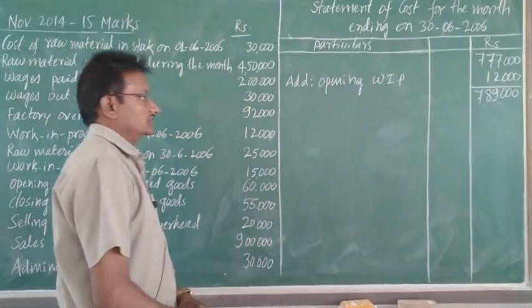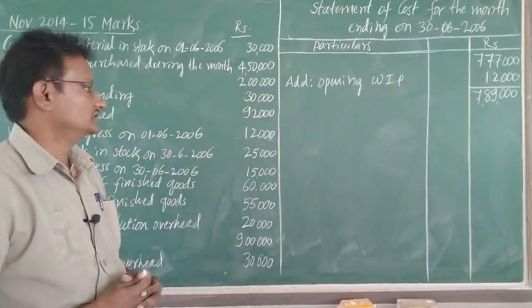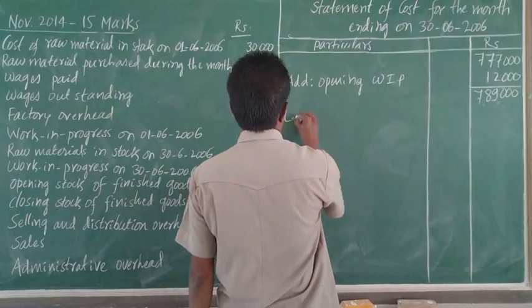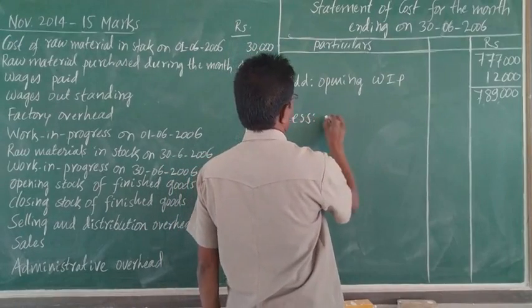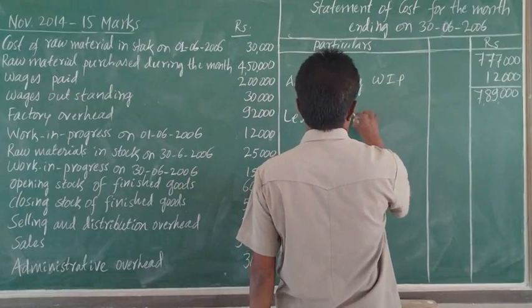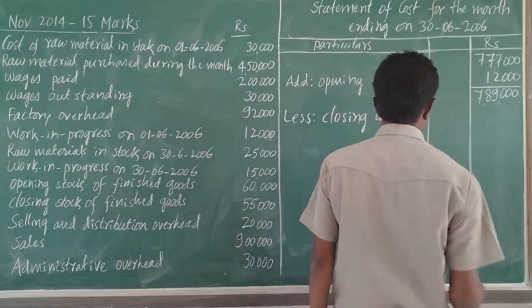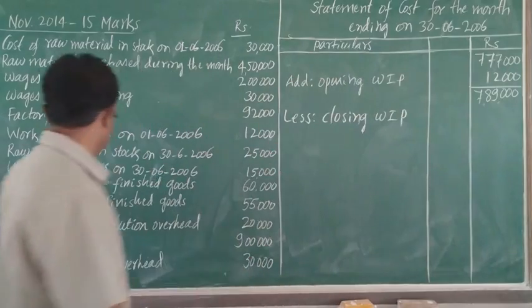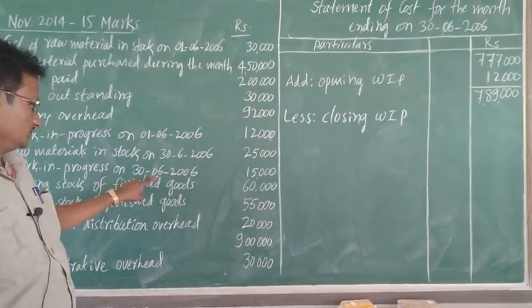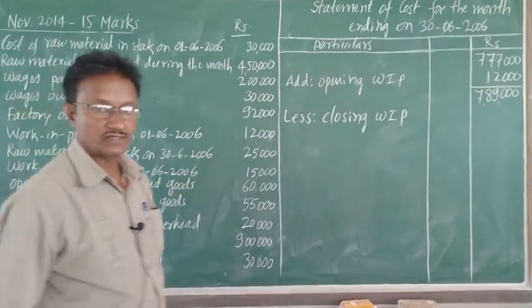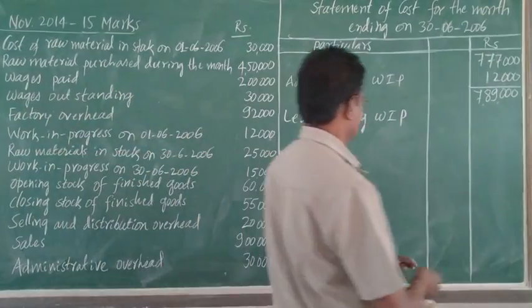Next, the total is 7,89,000. From this figure we have to deduct closing work in progress. Work in progress on 30th June 2006, 15,000, is closing work in progress.